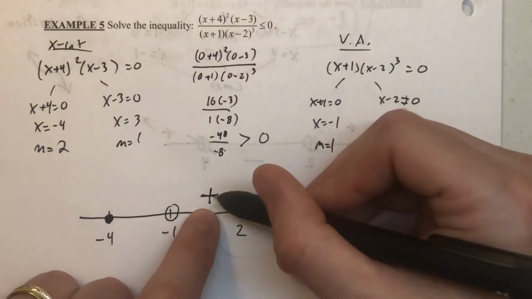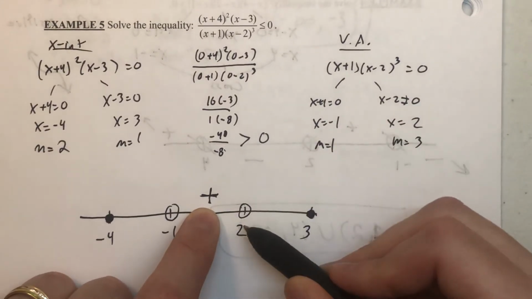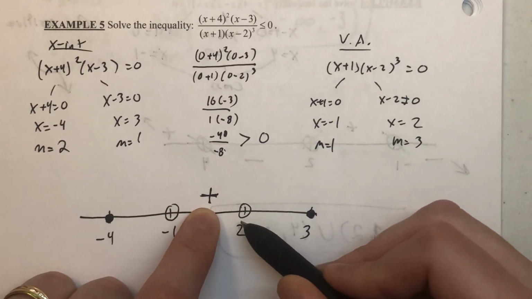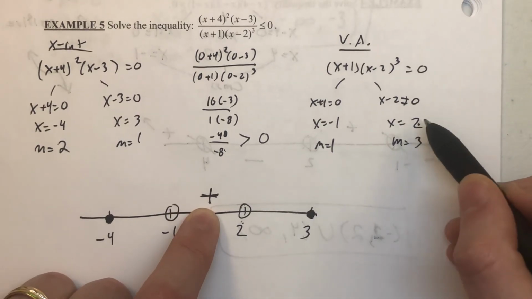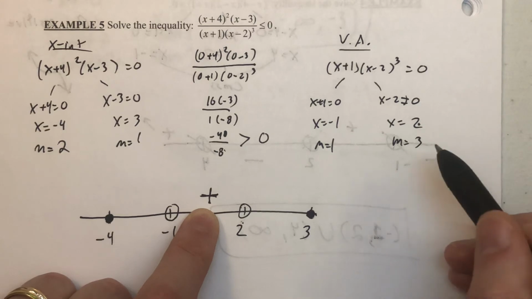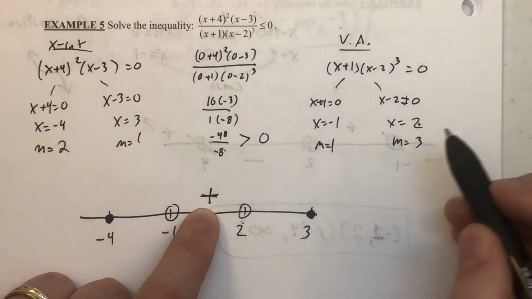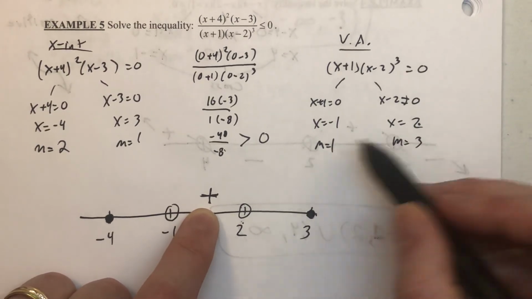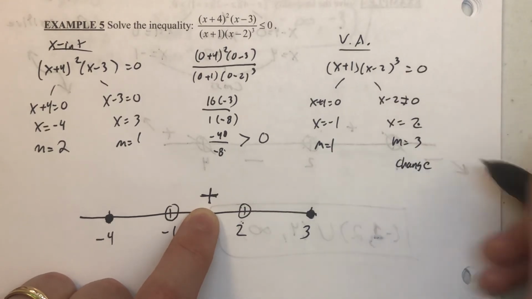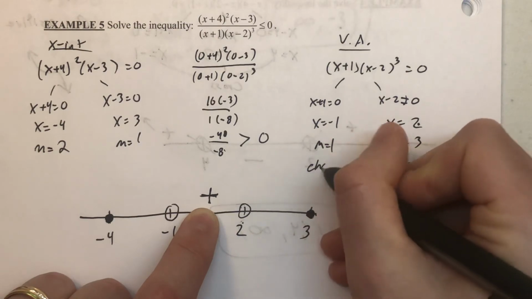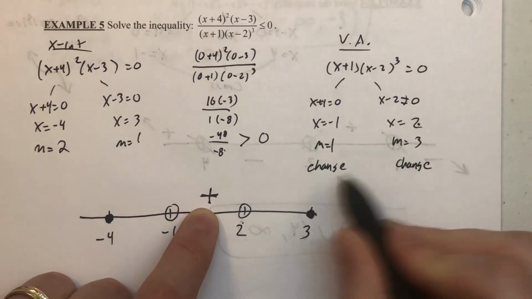So let's work to the right. Working from this positive sign, going past the 2. So the 2 came from a vertical asymptote whose multiplicity was 3. And so that's another odd multiplicity. So both of these are odd multiplicities for asymptotes, that was the idea that we had the opposite infinities. What we're really concerned about here is changing sign, right?